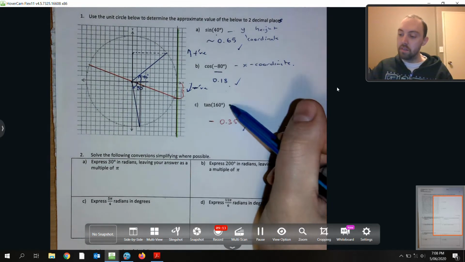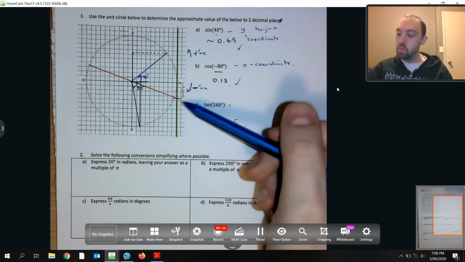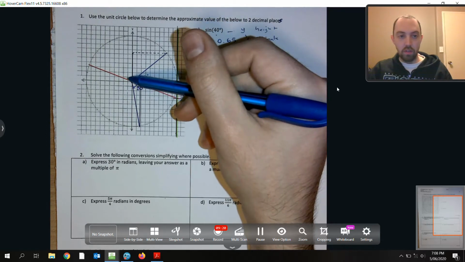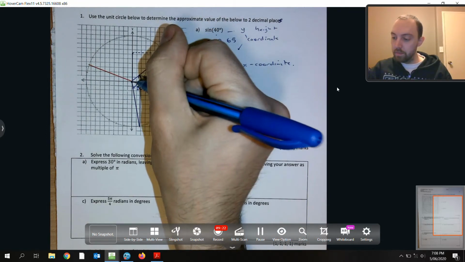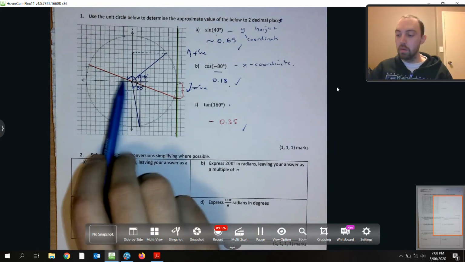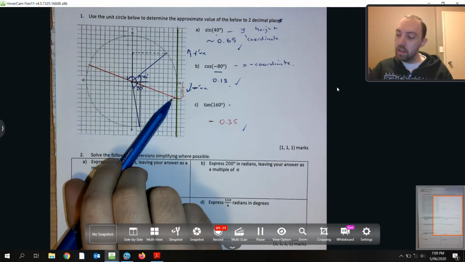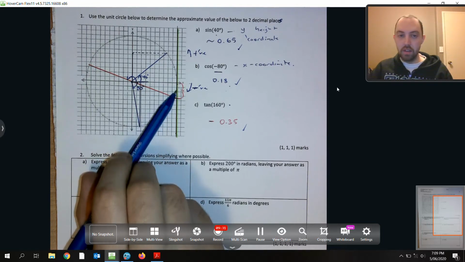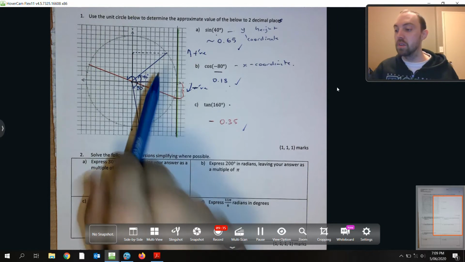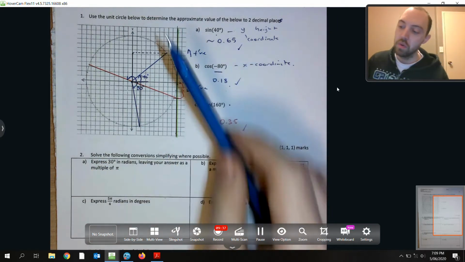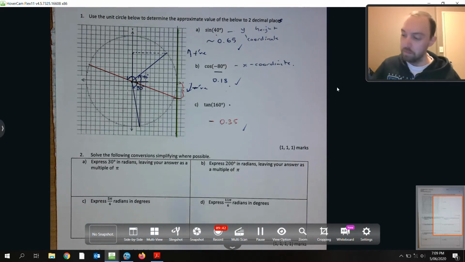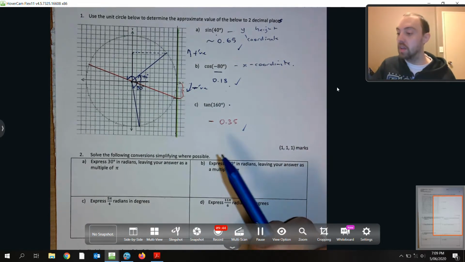Tan is a little bit different because I am actually thinking about where this extension of this angle here hits the tangent on that side. There are other ways to think about tangent which moves with the angle, but I feel like this is easiest for what we're trying to do here.